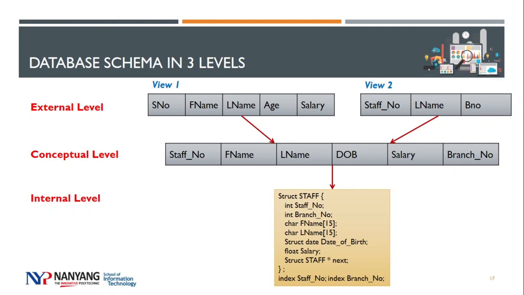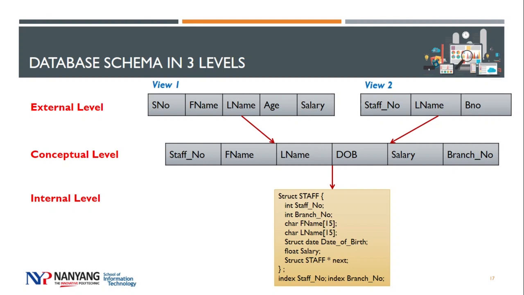So view 1 we have S number, view 2 we have staff number, but they actually refer to the same thing. The conceptual level is then mapped to the internal level, which contains a physical description of the structure of the conceptual record.